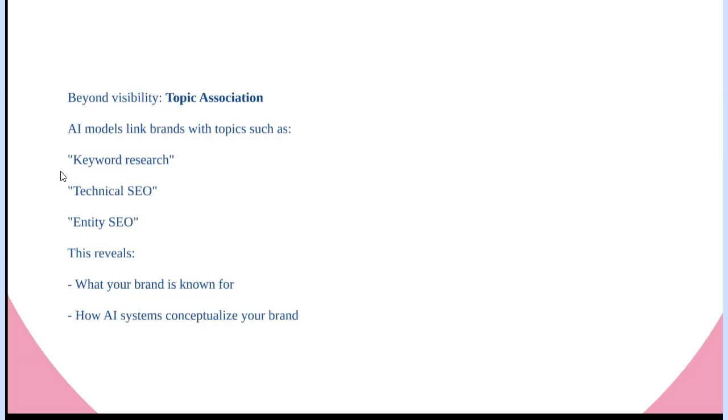For example, one brand might appear alongside keyword research, another alongside technical SEO, and another alongside entity SEO. Tracking these associations reveals how AI systems conceptualize your brand, not just whether you appear, but what you're known for inside AI-generated answers.